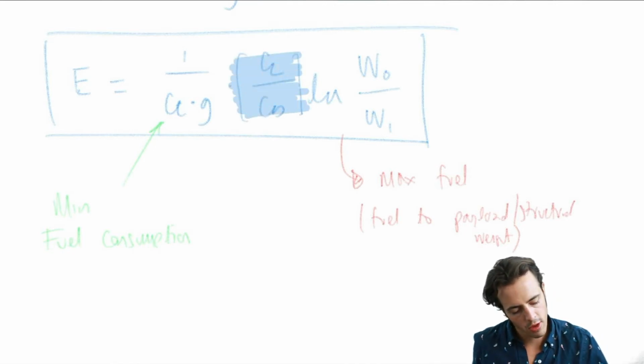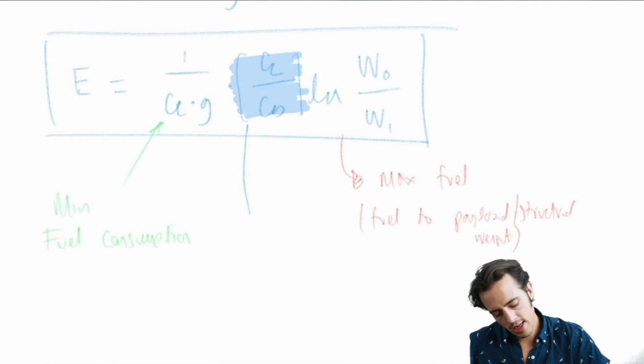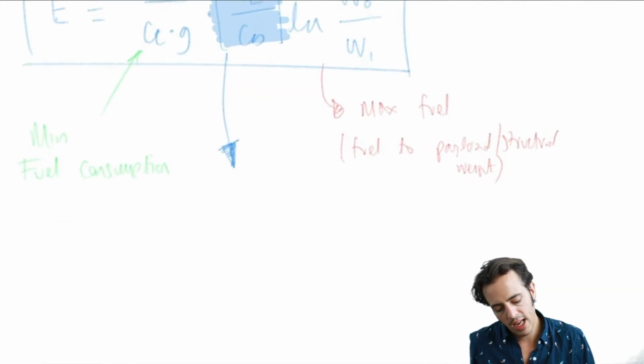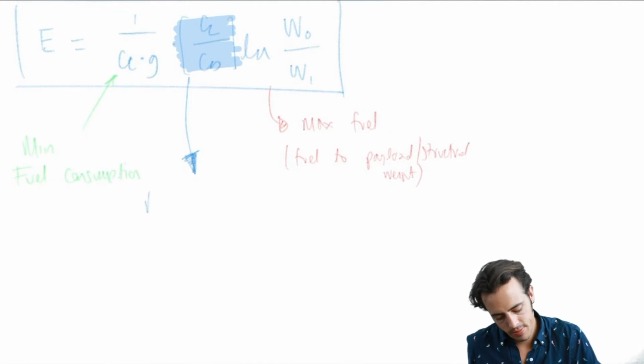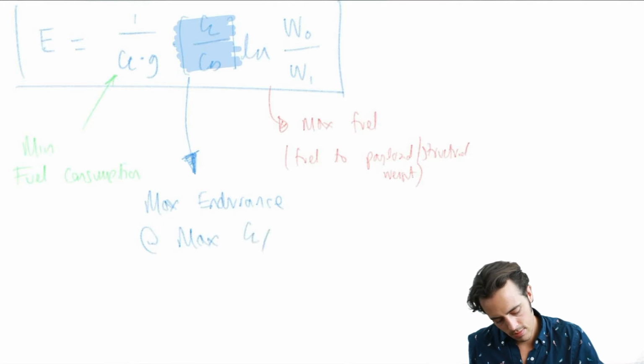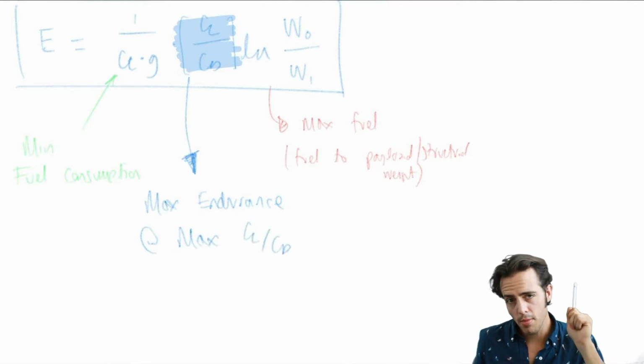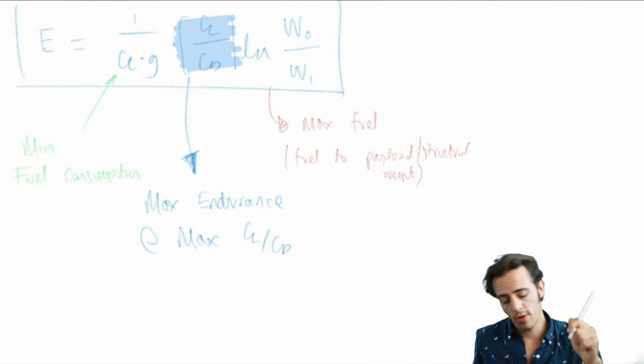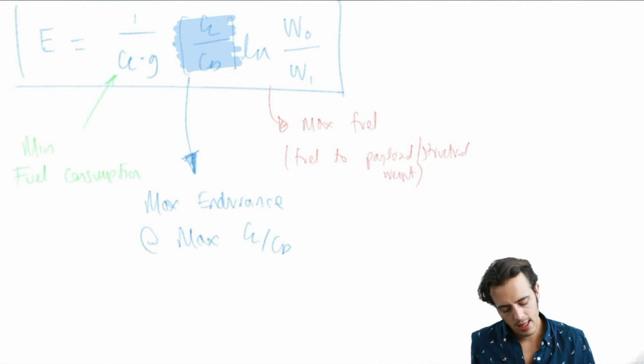So what this has just shown us is that for a jet aircraft only, the maximum endurance is found at the maximum of CL on CD. And we already know that the maximum CL on CD is found at the minimum drag speed.